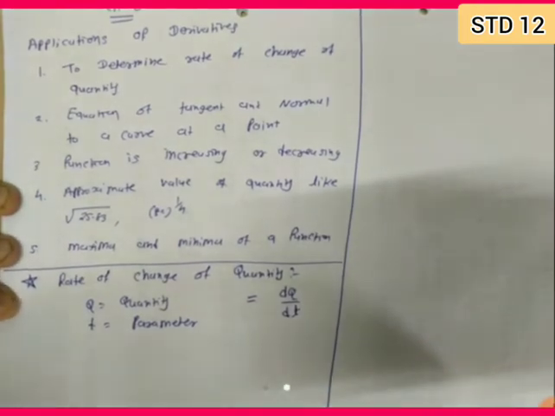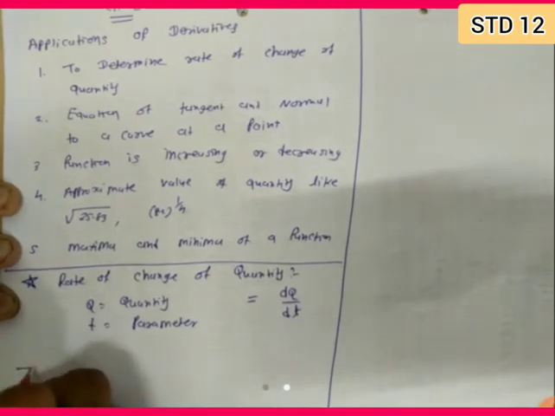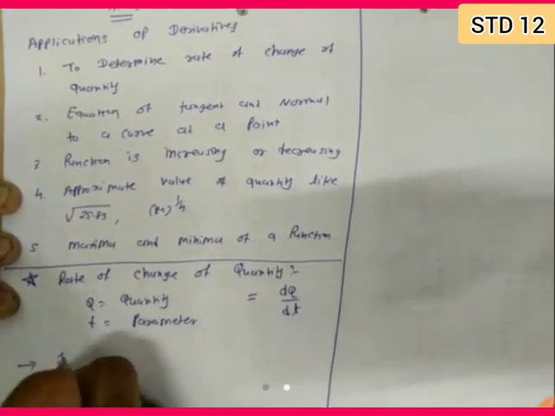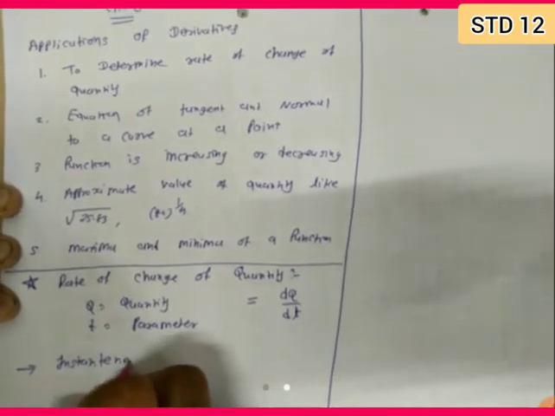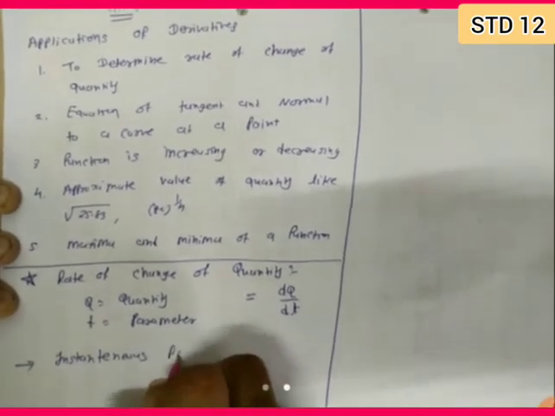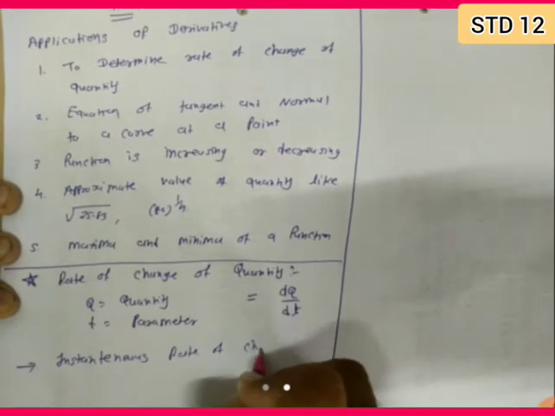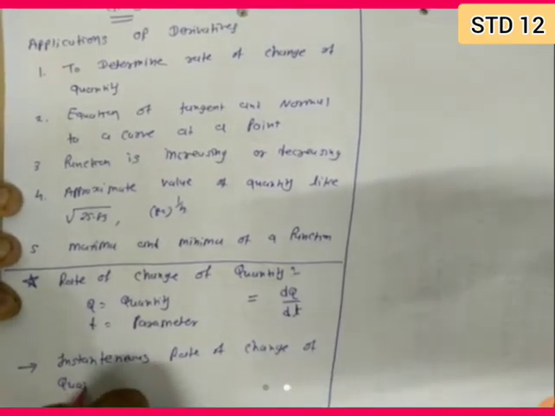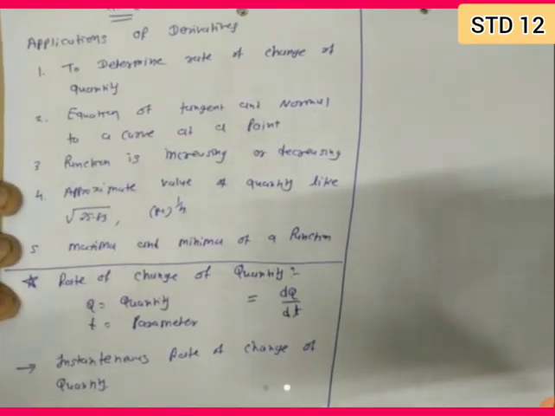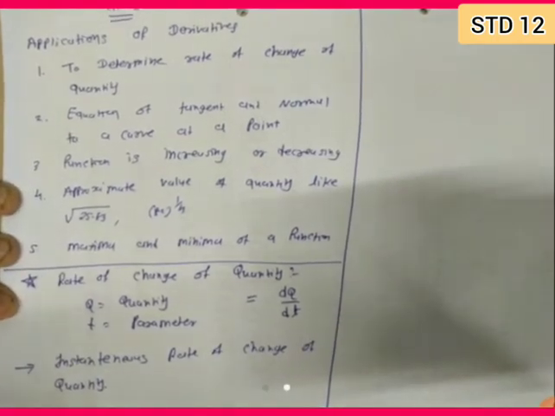This is the rate of change of quantity with respect to some parameter T. Here we are considering the instantaneous rate of change of quantity. Clear? We have to consider the instantaneous rate of change of any quantity.